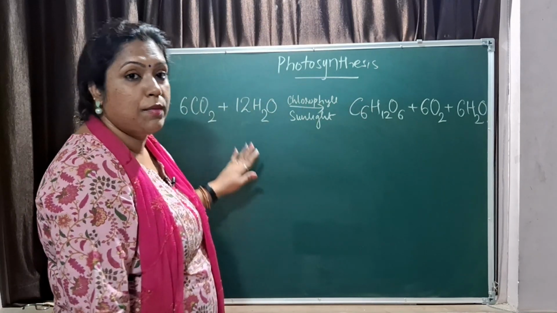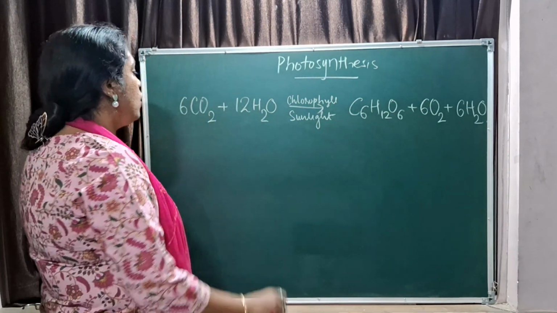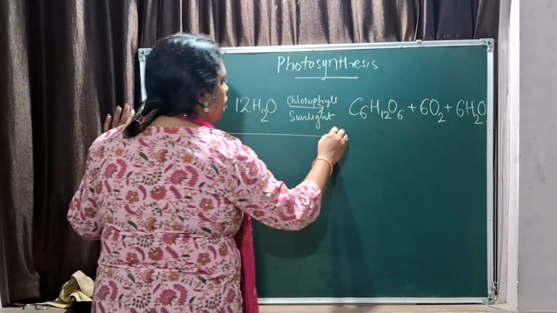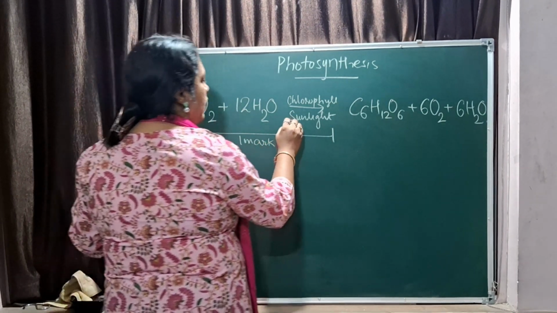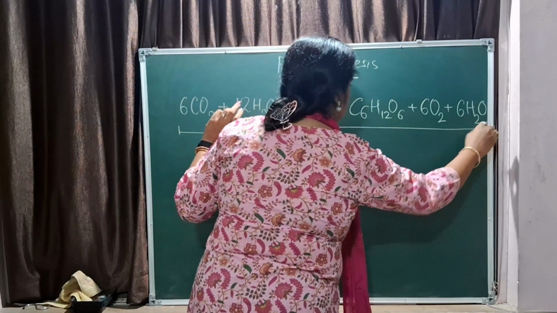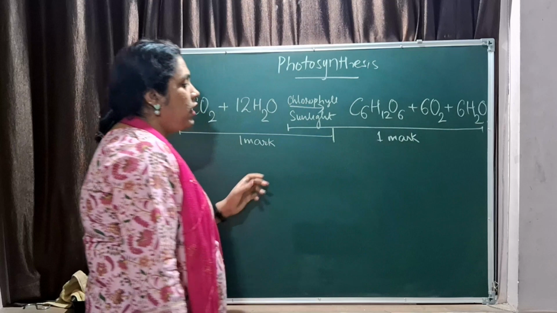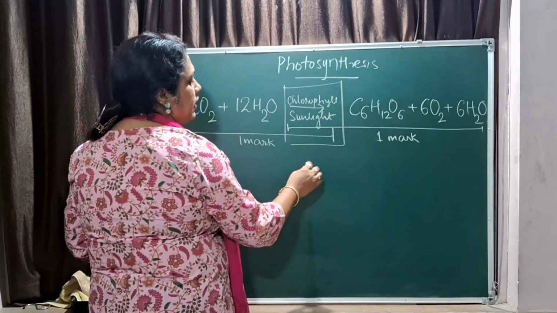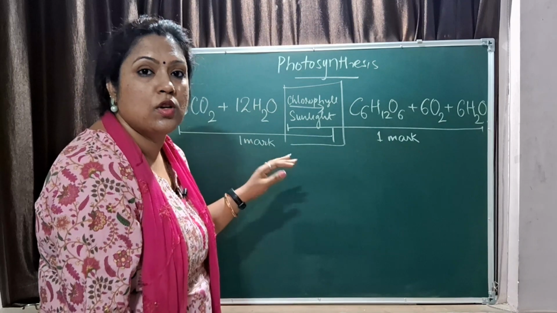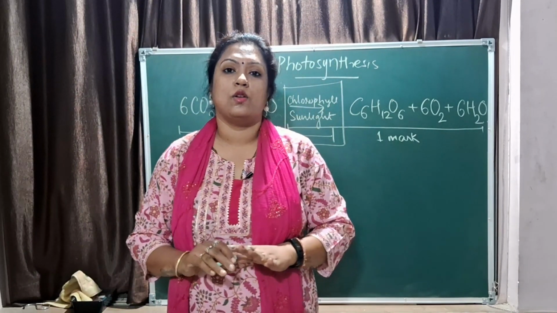But when you write for bio paper, you have to write 12 H2O. 1 mark is given for this and 1 mark is given for this, if it comes for 2 marks. Now in this case, if you don't write chlorophyll and sunlight, you get 0 because photosynthesis is not possible in absence of sunlight and chlorophyll.